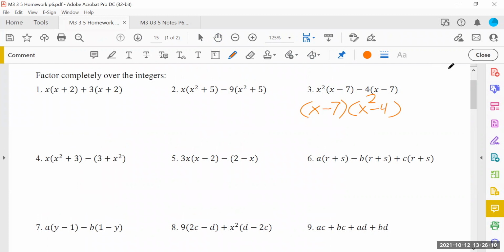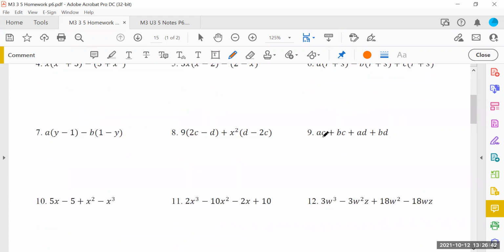Any questions on that step? Does that factor more? Yes. Difference of squares. That's going to be x plus 2 and x minus 2. X minus 7 right there. Number 3 from the homework is done. Doesn't matter what order it's in, as long as you have those 3 factors.